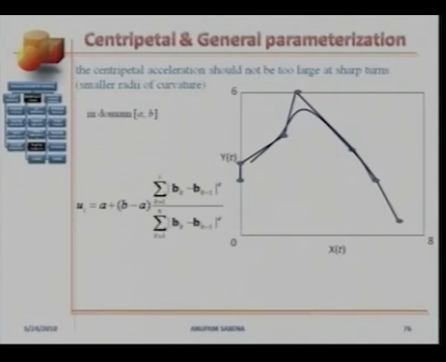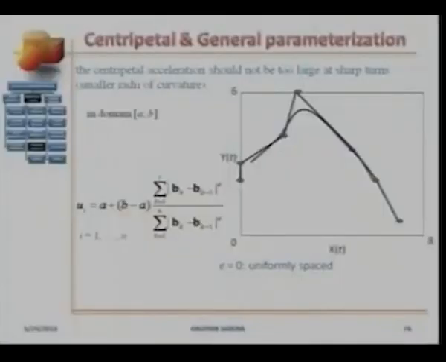So our knot vectors were essentially based on parameters u, which were given by a plus b minus a summation, something in the numerator, something in the denominator. You would know how we had performed those computations. That is not of prime concern now, but what is of prime concern today is that we were able to come up with a scheme through which we could compute knot vectors in many different ways.